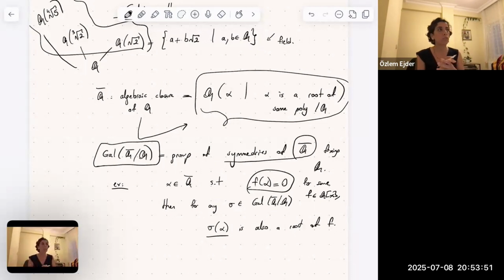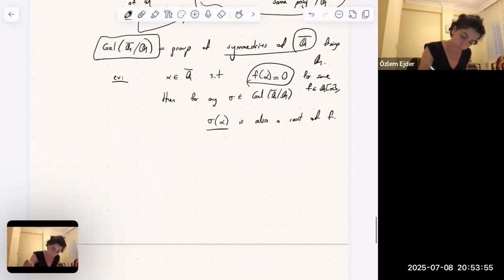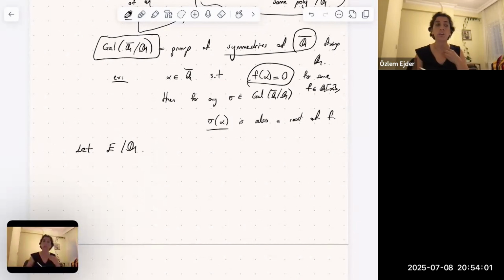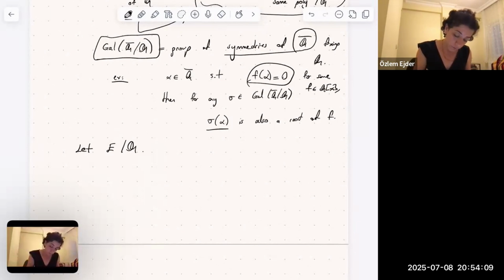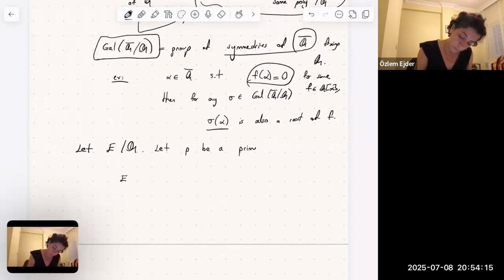Then what I'm going to do is take an elliptic curve E. So let E be an elliptic curve defined over Q. This is given by some polynomial with coefficients in Q. Then let's take a prime P, and I look at this set E[P].